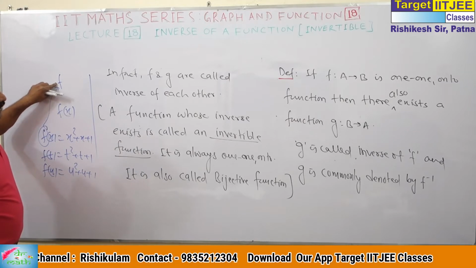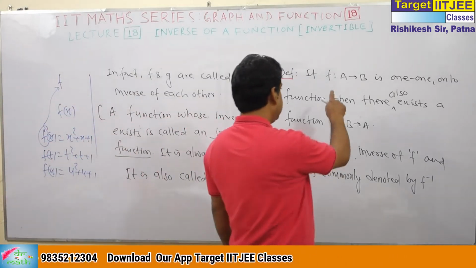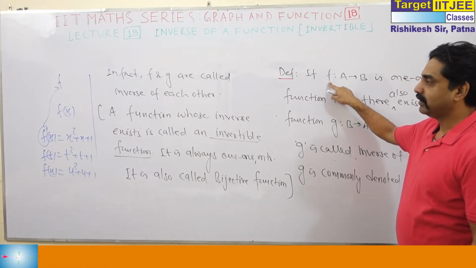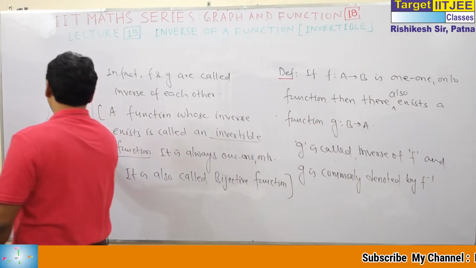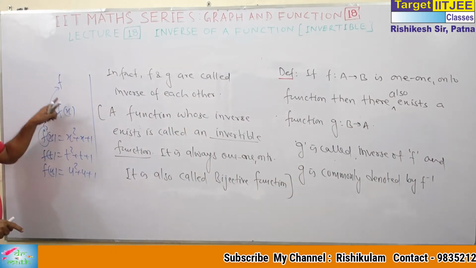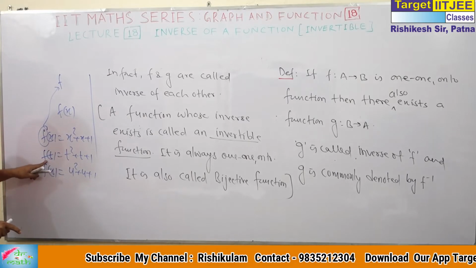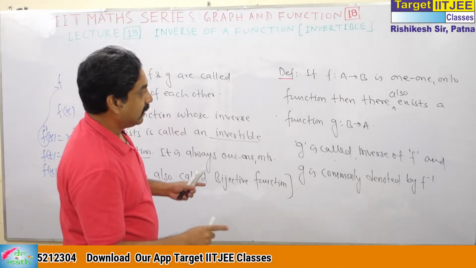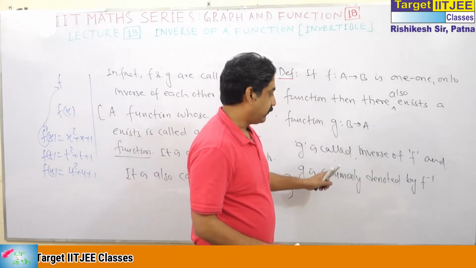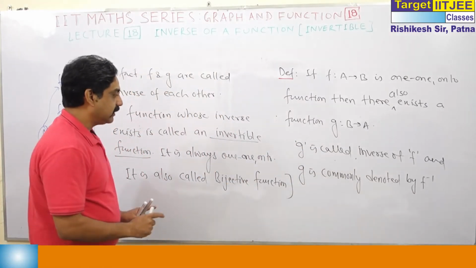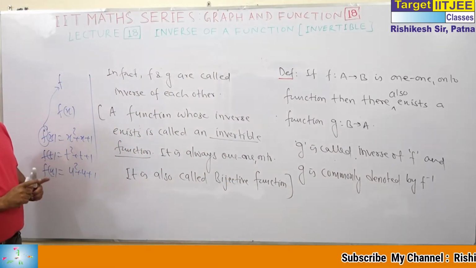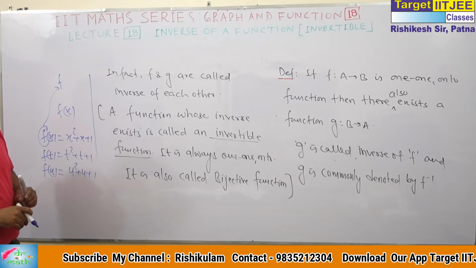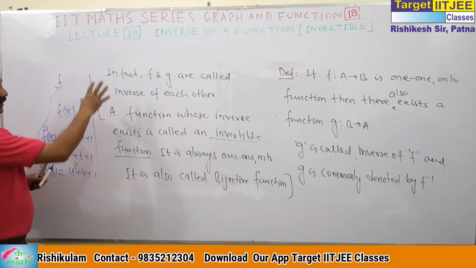When we say there is a function f, we are not saying what the variable is. But when we say function f(x), the function is f and its variable is x. When we say f(t), the function is f and the variable is t. Normally we take x as the independent variable and y as the dependent. Note the point. Now come to an example. I am just erasing this one.